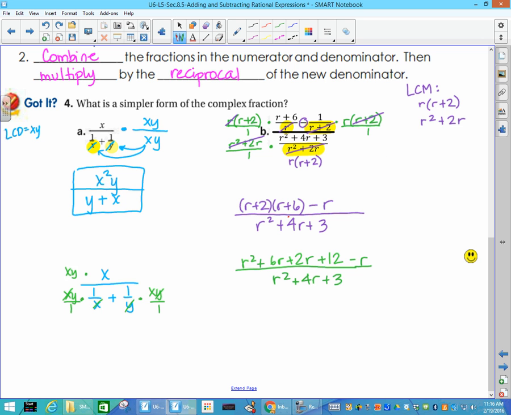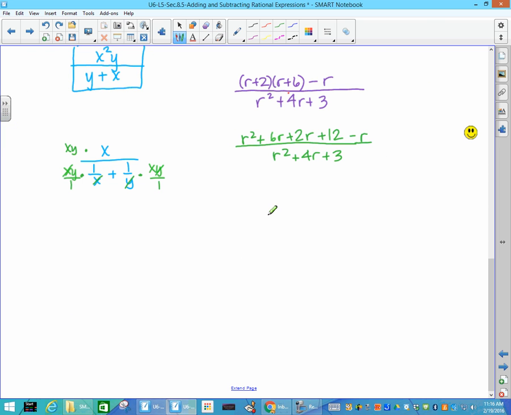Then I'm going to go back to simplifying my top, which is r squared. I have a 6r and a 2r and a minus r, which is going to give me plus 7r plus 12 over r squared plus 4r plus 3.